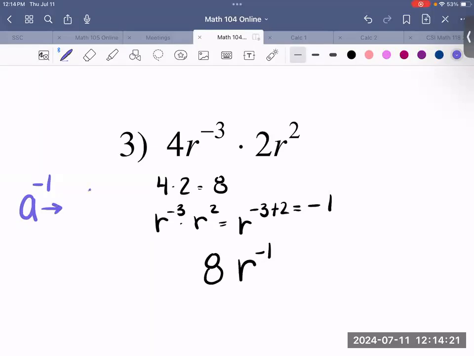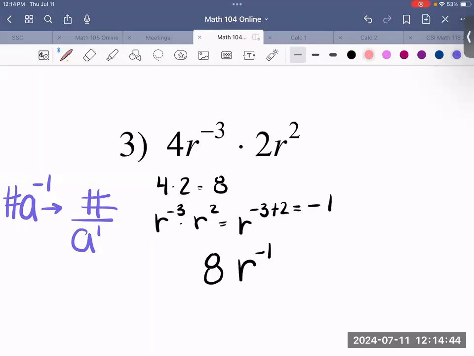You can say this is now 1 over a to the 1st power, now positive. So wherever it is located, if that value is located in the numerator, it then drops down into the denominator. Now, any other value besides it will remain in its location.